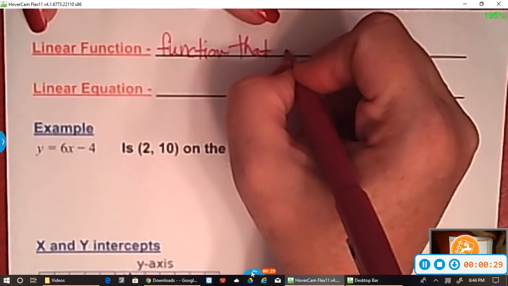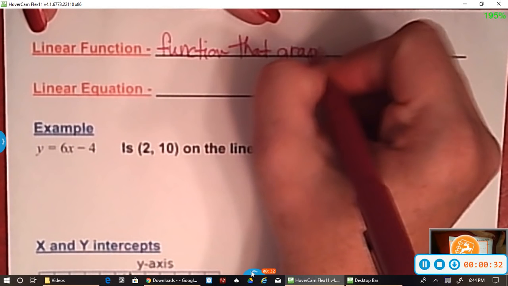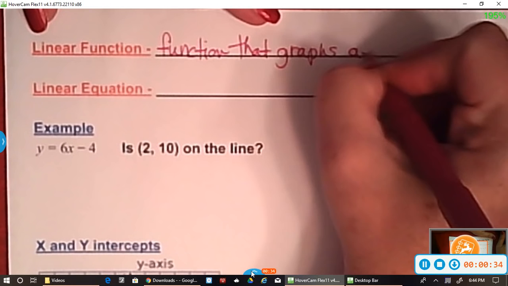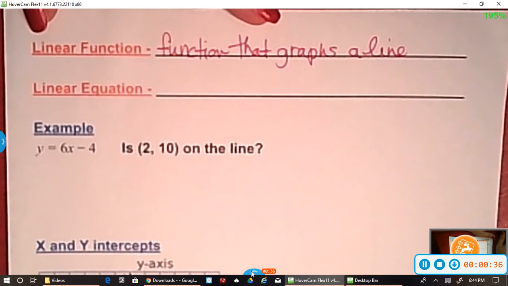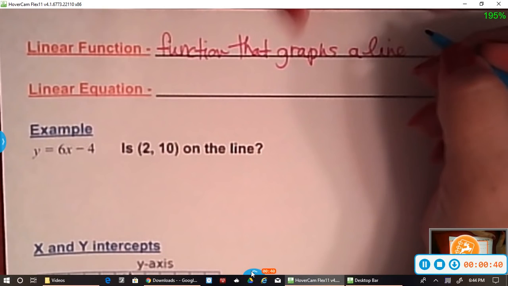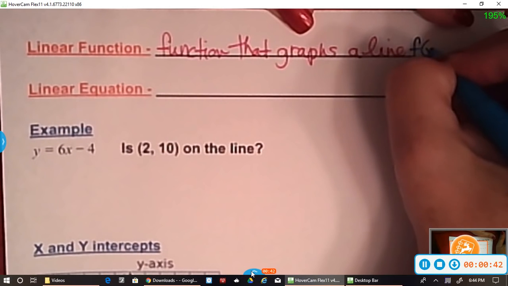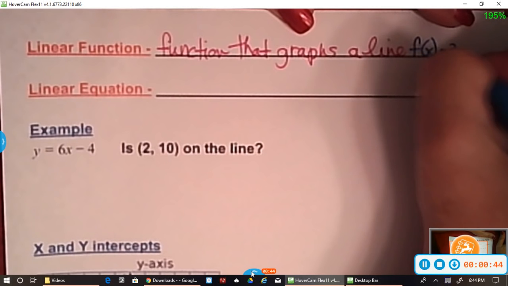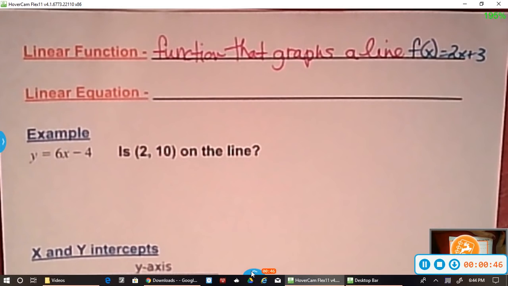It's a function that graphs a line is probably a better definition. And it could look like this: f of x equals 2x plus 3.